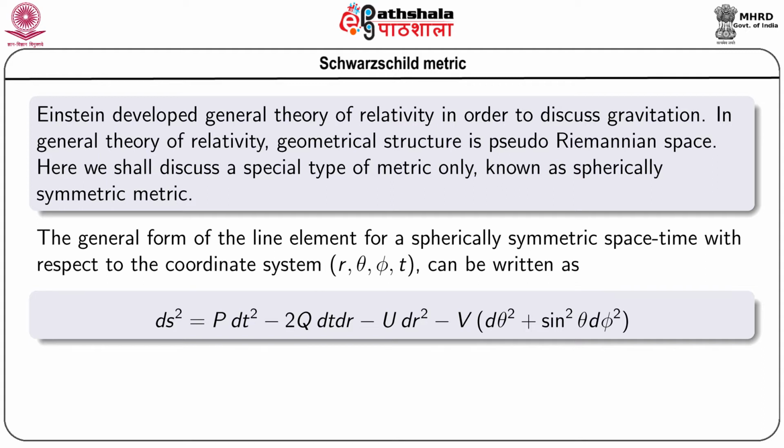So, for spherically symmetric space time, at first we can write in this form. The line element can be written in this form, where p, q, u and v are functions of t and r.